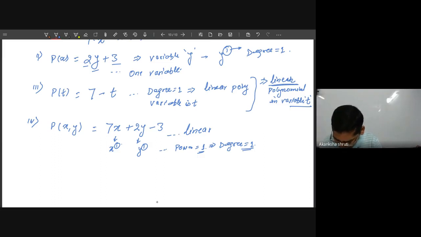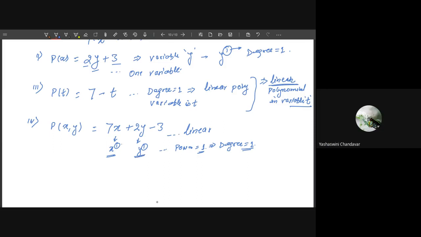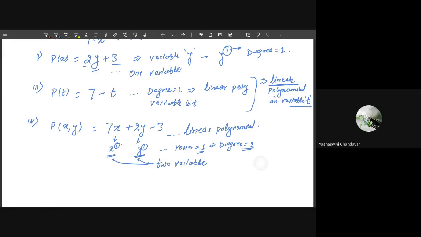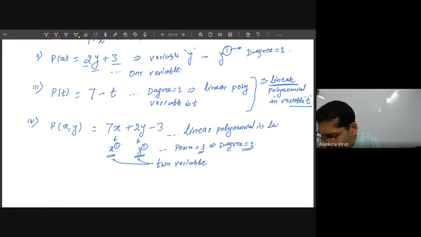But how many variables are there? x is one variable, y is the other variable. So these are two variables. So it is a linear polynomial in two variables. Very good.